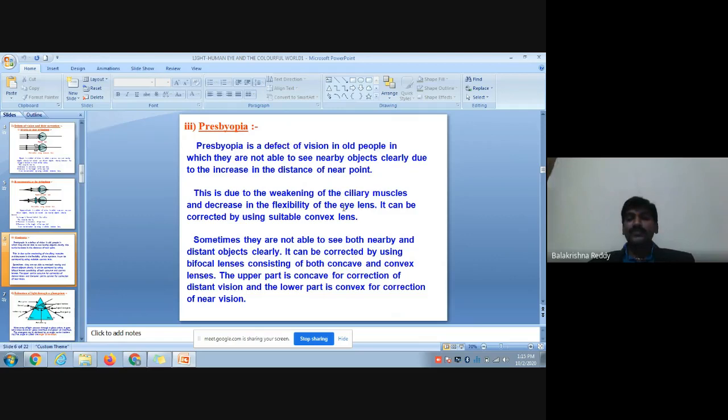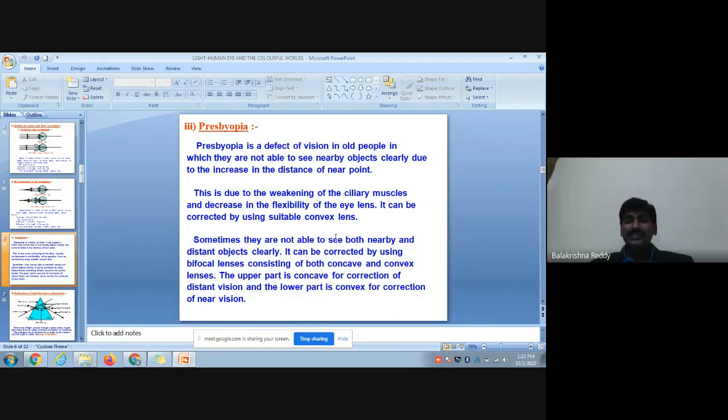So this defect gets corrected by using the bifocal lens. Bifocal lens means we have to use a convex lens as well as a concave lens. You might have noticed elderly people wear lenses having a line in the middle of the lens.